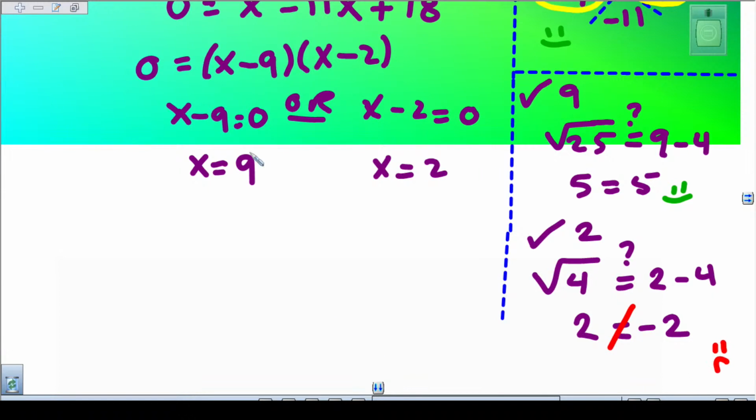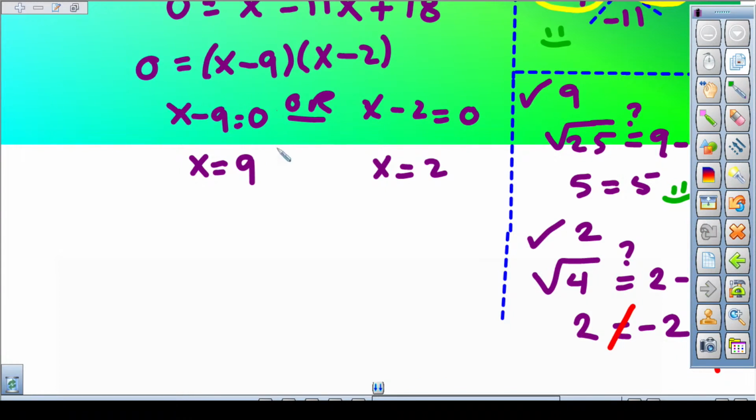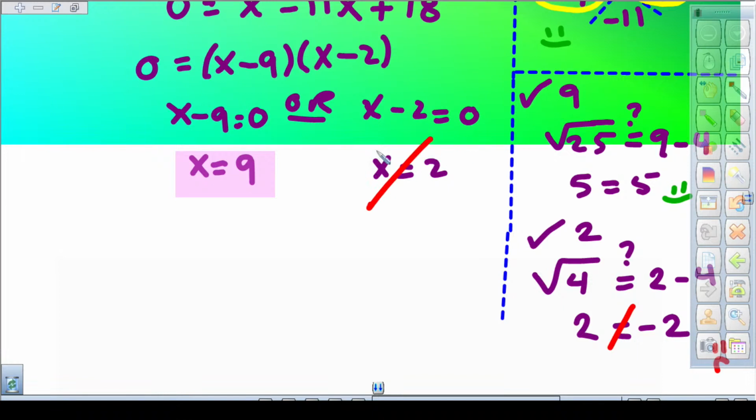Hence, x equals 9 is the only solution in this problem, while x equals 2 is rejected because it's not a solution. So I have to go back here and say, I'm sorry, this is not a solution. Only x equals 9 is the solution in this case.